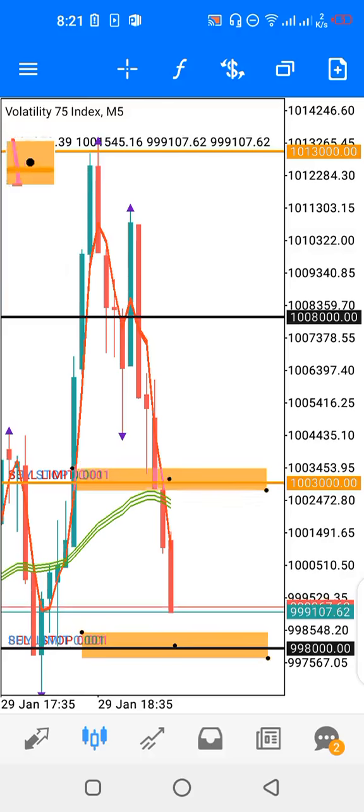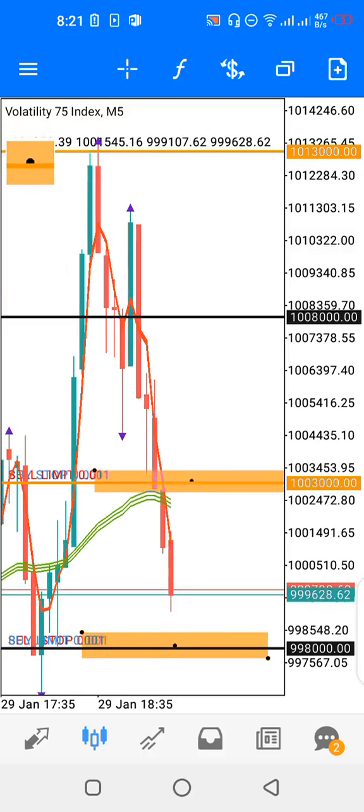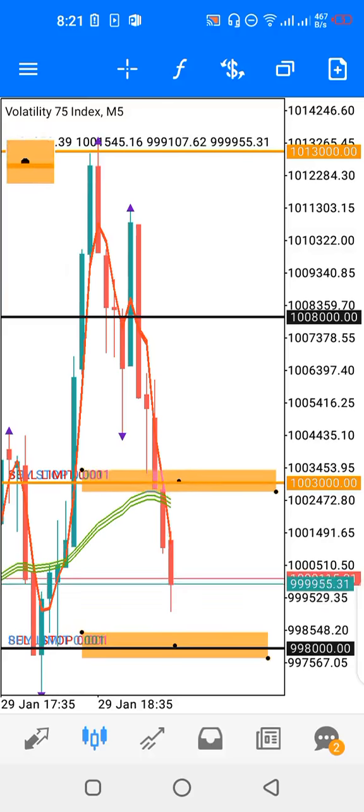So either the pending orders here get triggered first, or the pending orders here. Whichever gets triggered first, if this gets triggered first, I'll delete the orders here, and if this gets triggered first, I'll delete the orders here.